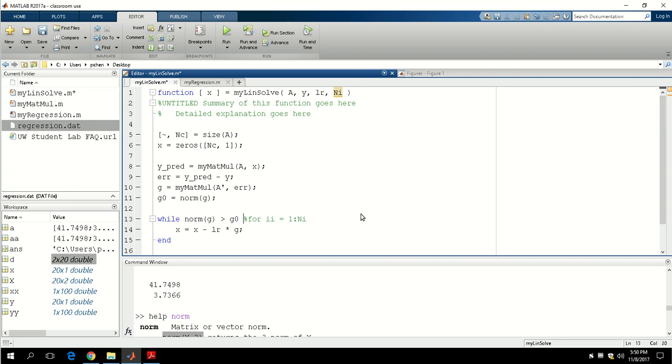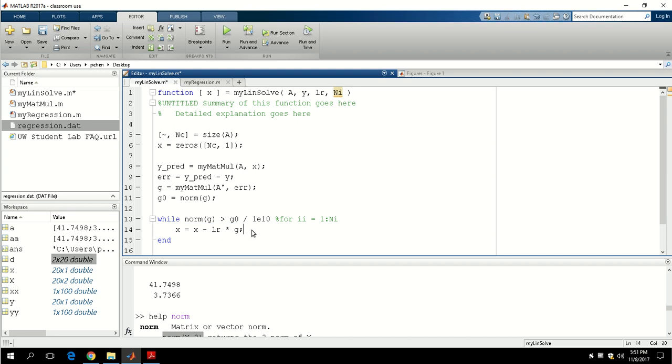So let's use G0 divided by 1e10, right? That's like a huge number. So if the norm is still larger than G0 divided by 10 billion, then we're going to keep iterating, right? So the first thing we do to keep iterating is to update x based upon the G, right?